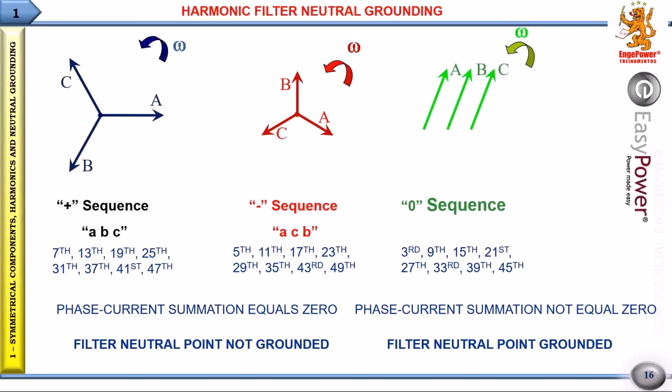So the filter neutral point is not grounded. But for zero sequence harmonics, the summation of the three phases is not 0. So the filter neutral point shall be grounded. Okay?